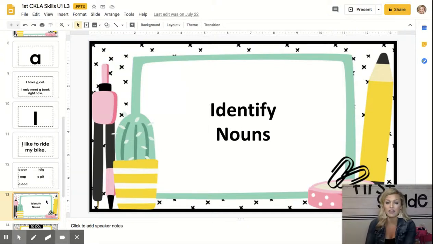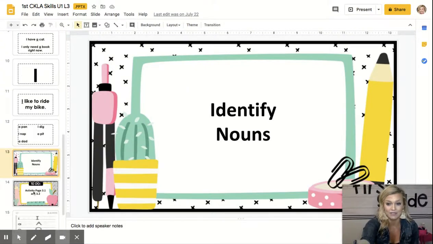So the part of speech that names a person is called a noun. And we said it can come at the beginning, like girl runs, or it can come at the end, like happy child. Awesome job. We'll keep practicing that some more. We're going to do a lot of practice with that in first grade.